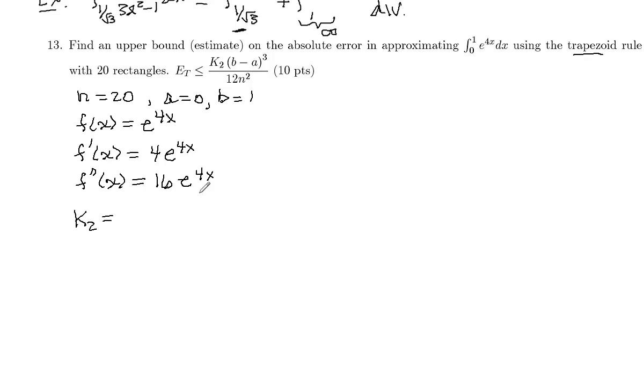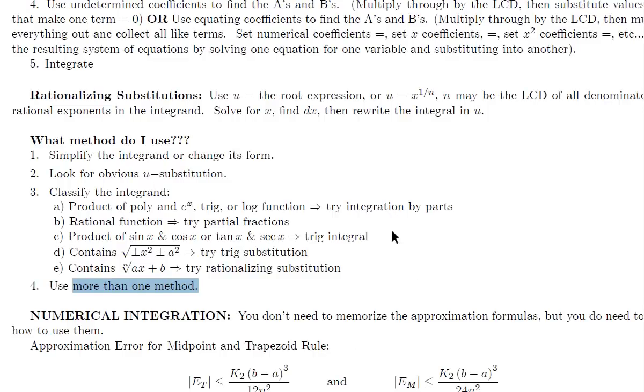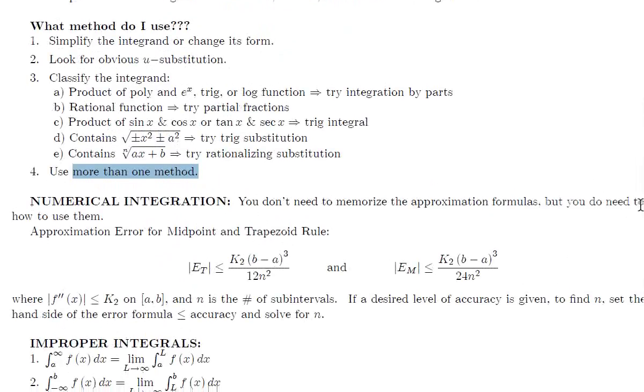Okay, now our second derivative, our x is going from 0 to 1, so this x is positive, so e to any number is positive times 16 is positive, okay? So this is all positive, so we really don't need the absolute values in there. But yeah, remember that number k sub 2, if we go back to our formula sheet here, numerical integration here. There we go.